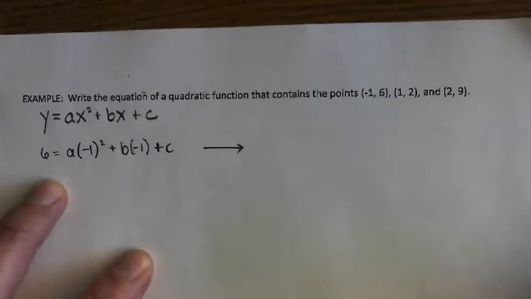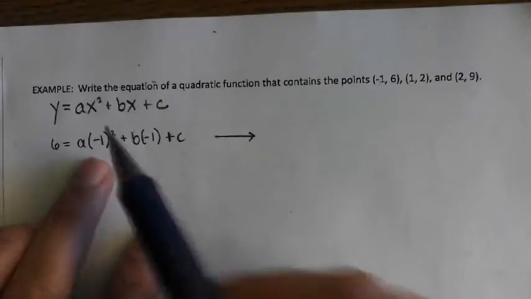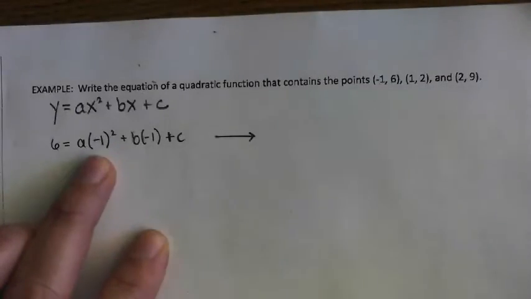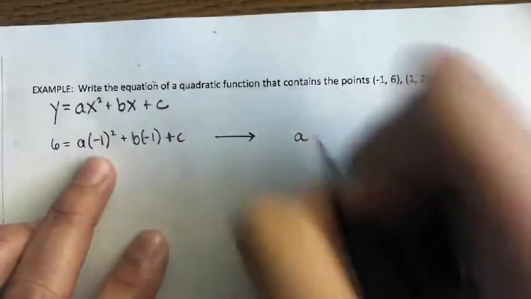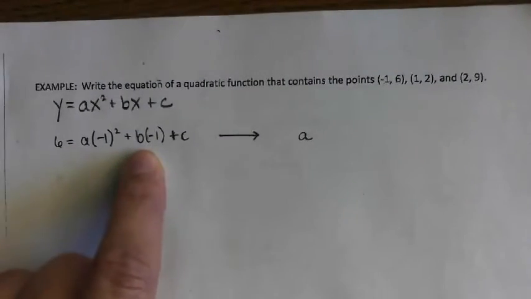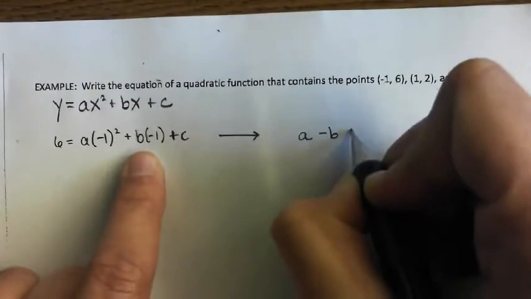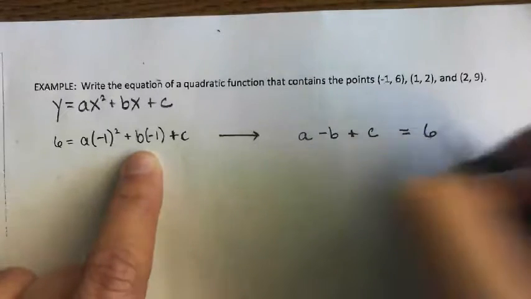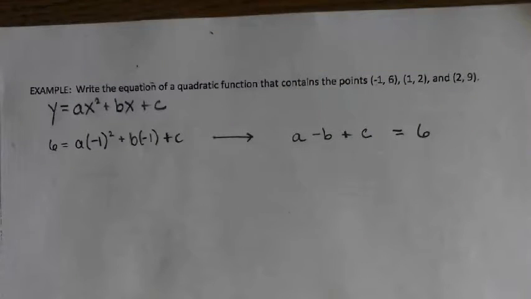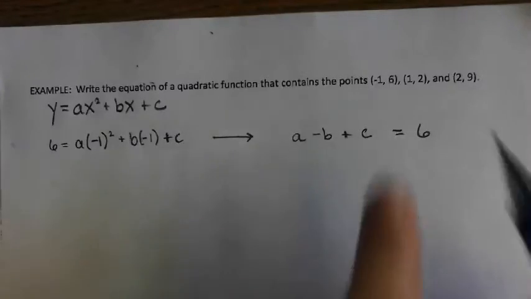Is everyone okay with that? Just because that's usually what they look like. So what's negative 1 squared? 1, so that's just 1a. I'll just leave it as a. And then we have minus b plus c equals 6. There's one equation, 3 variables. Well, that's not solvable.